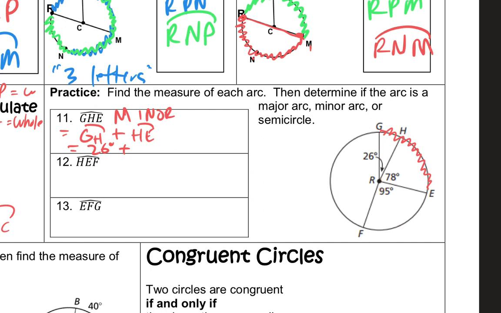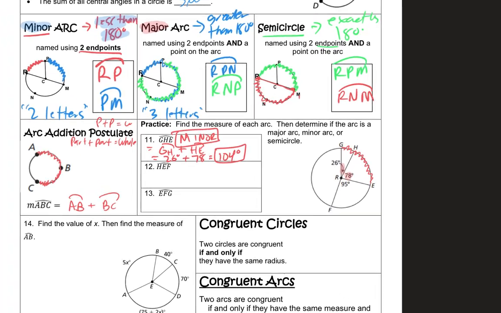It tells us right over there. So all we have to do is add those together. If we put 26 plus 78 in our calculator, that gives us 104 degrees. So 104 degrees means it's minor because it is less than 180, just like we talked about. Minor means it's less than 180. All right, so let's keep it going.